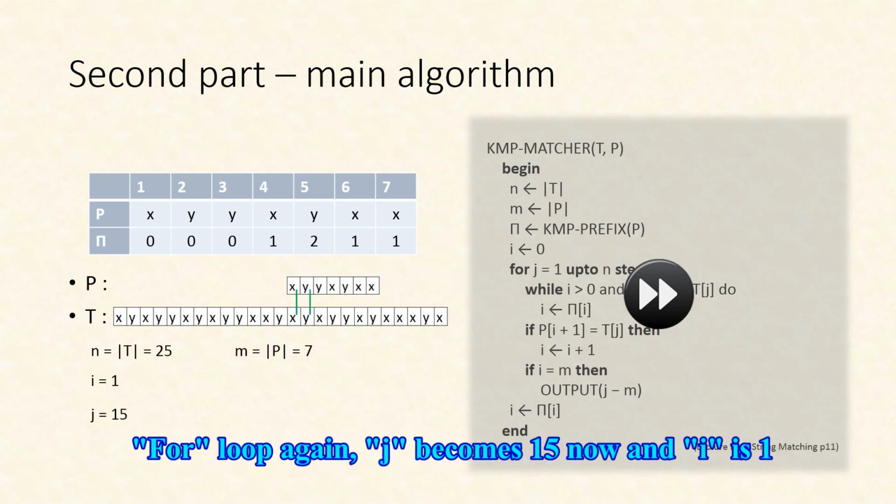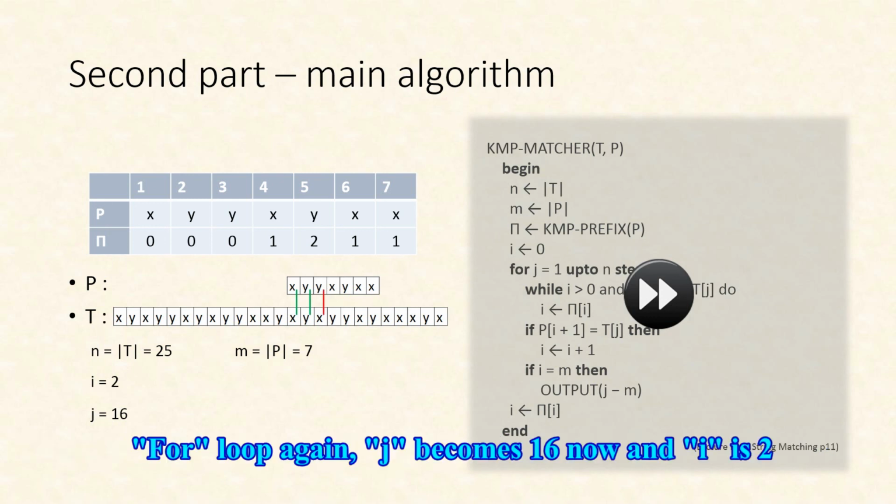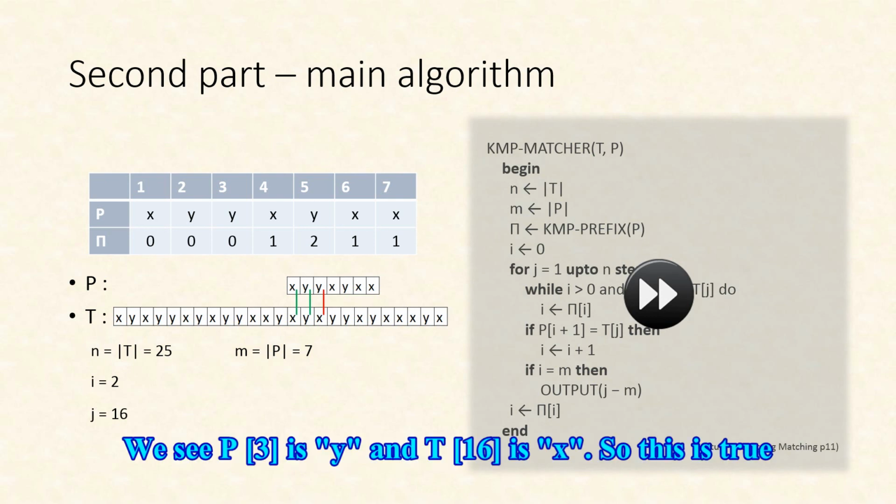For loop again, j becomes 15 now, and i is 1. We see p2 is y, and t15 is also y, so i becomes 2, not m. For loop again, j becomes 16 now, and i is 2. We see p3 is y, and t16 is x, so this is a mismatch.